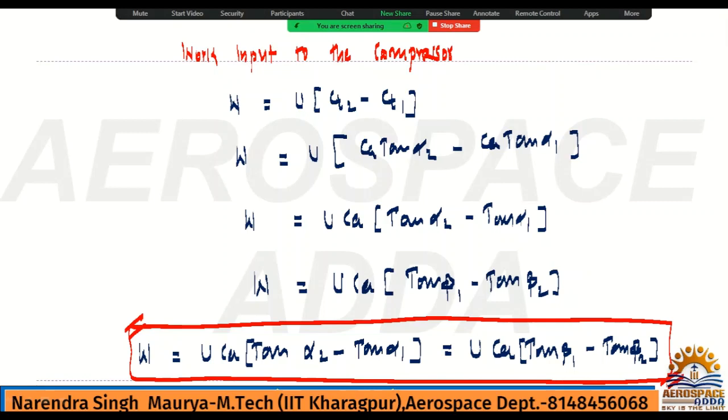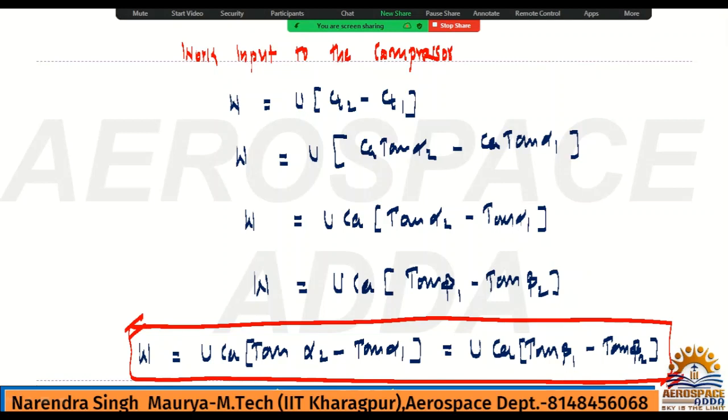This value I had given to you already in the last class. Fine. So tan alpha 2 minus tan alpha 1 and tan beta 1 minus tan beta 2, in those formats you have.